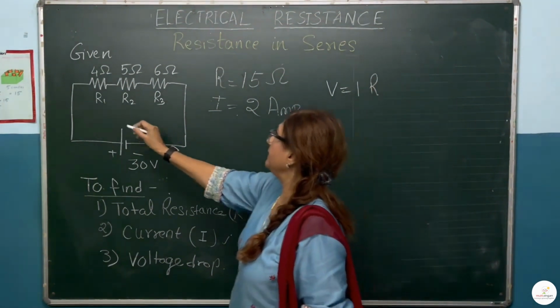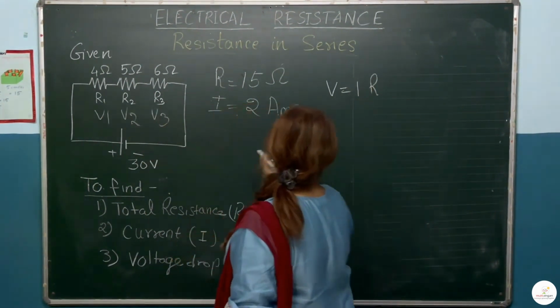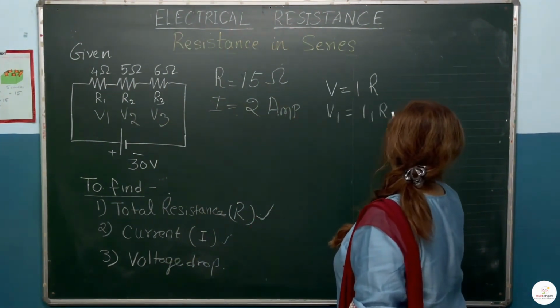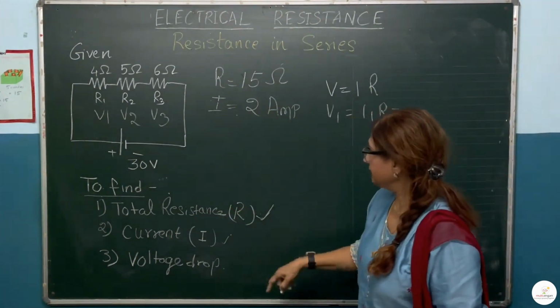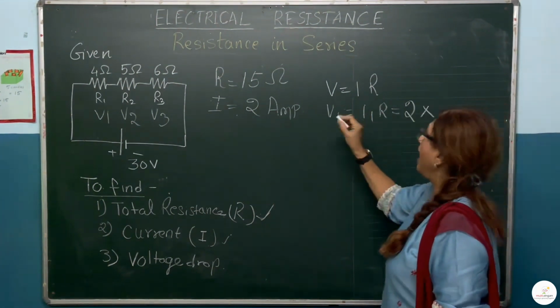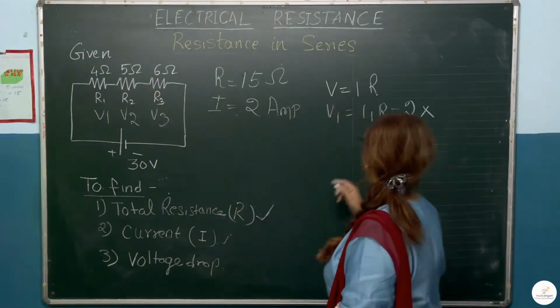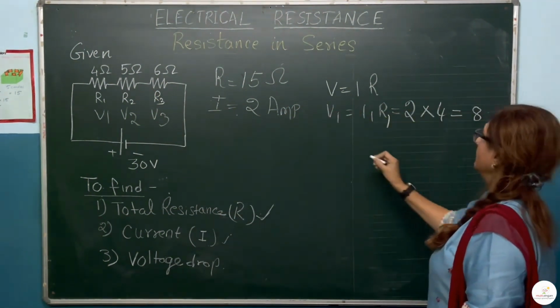So we have to find the voltage drop V1, V2 and V3. So V1 will be equal to I1 R1, and I will be the same for all, which we just calculated, 2 ampere. So 2 times R1 is 4. So 2 times 4 is 8.